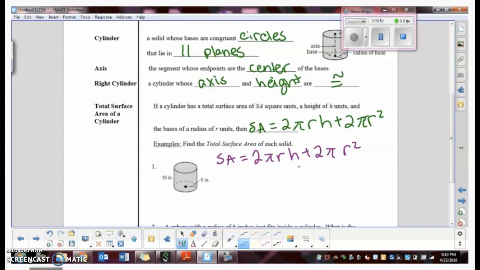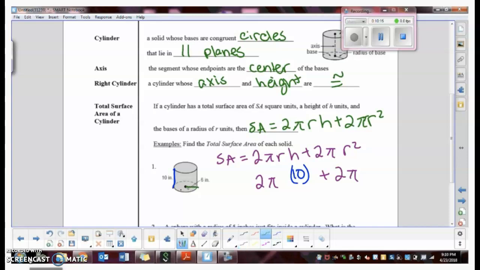And so the surface area is going to be pi r squared for the top and pi r squared for the bottom, because those are the area of our caps. And then it's the same kind of general idea as what we saw before with a prism.